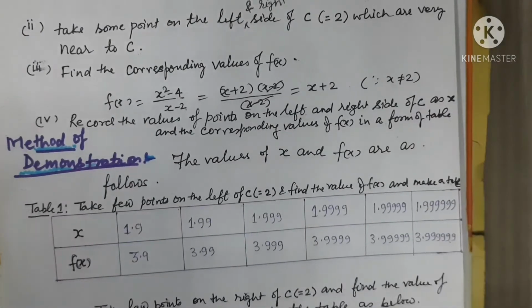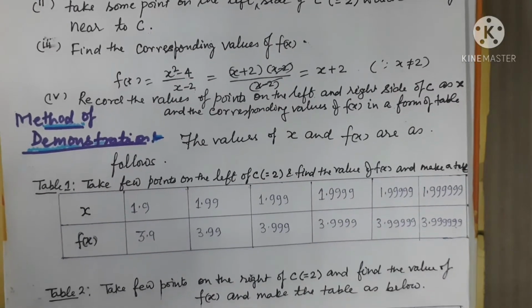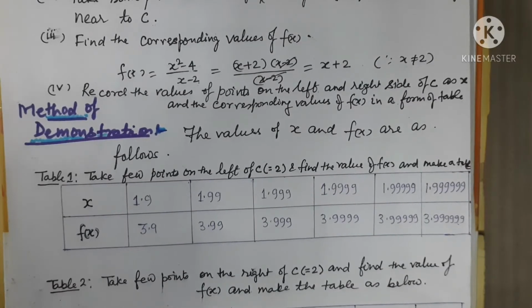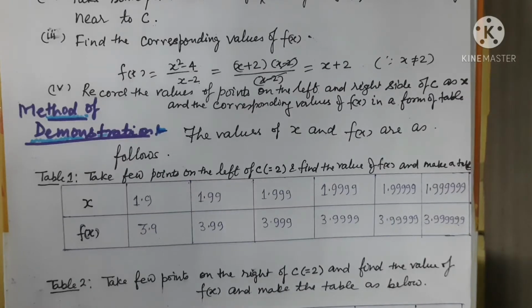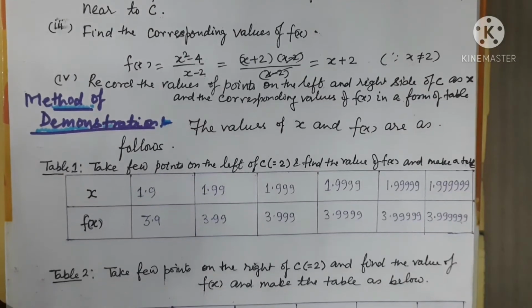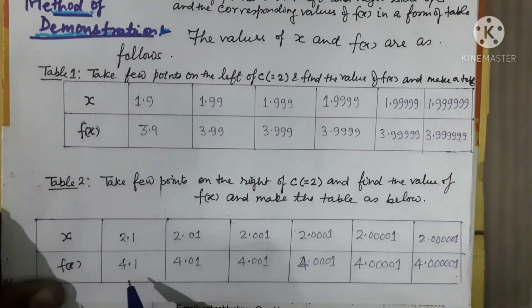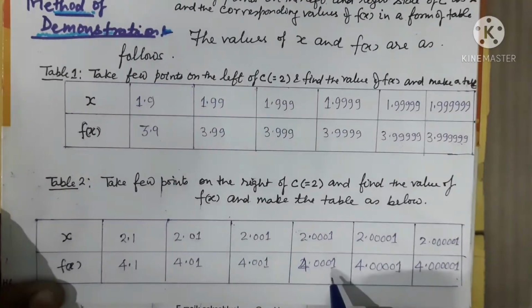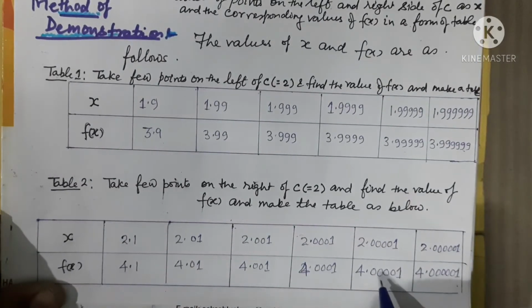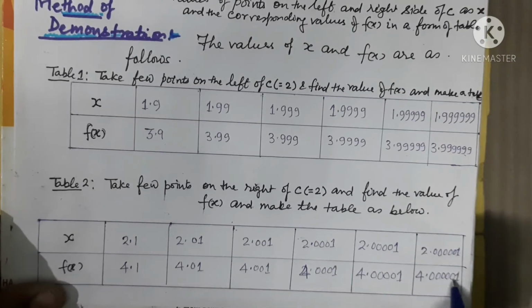Similarly, for the right hand limit, if you take the value of x from 2.1 to 2.0000001, then f(x) approaches from 4.1, 4.01, 4.001, 4.0001, 4.00001 and so on.